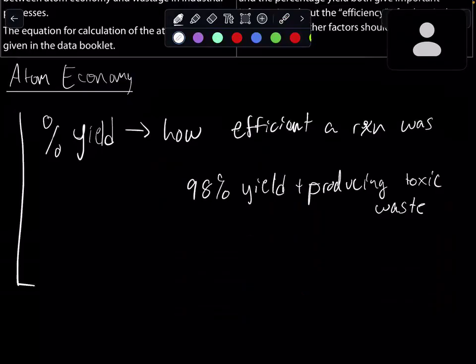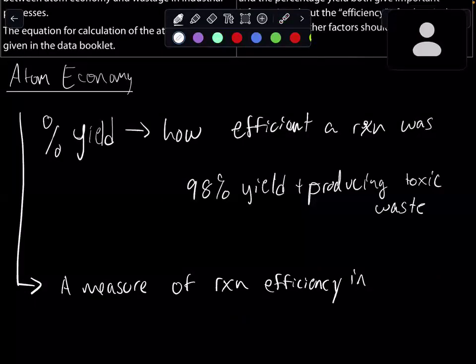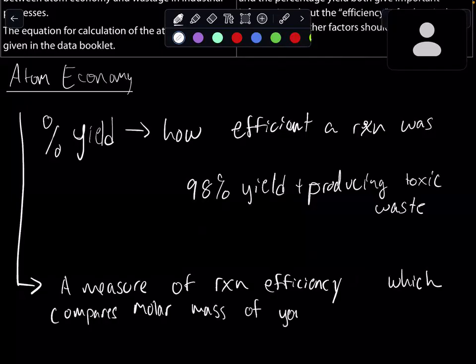What this actually defines is a measure of reaction efficiency which compares the molar mass of your desired product. It's what you actually want.